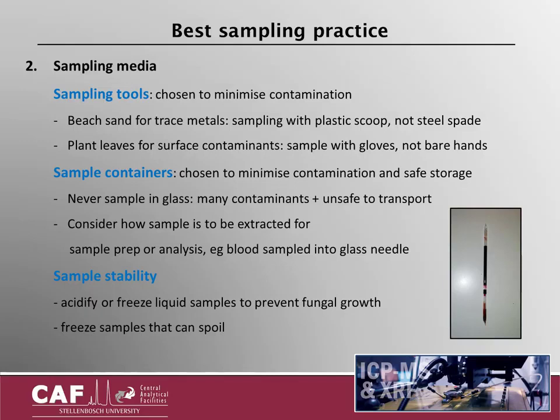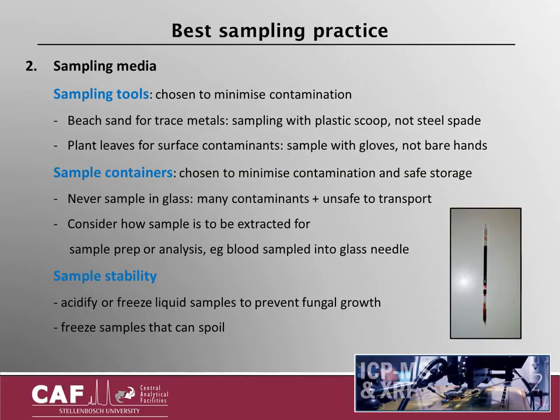The sample containers that you store your samples in must also contribute minimal contamination, and must be safe for storage. So you never place any of your samples in glass because of a huge number of contaminants, and it's unsafe to transport your samples as it can easily break. When choosing your sample container, you also have to consider how the sample is going to be extracted for sample preparation and analysis.